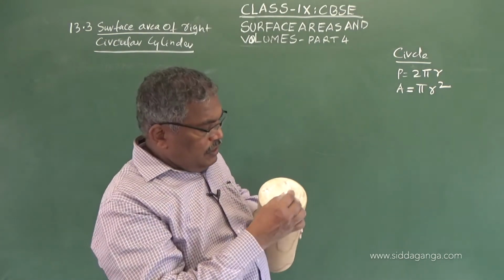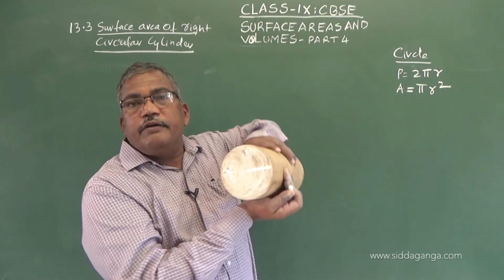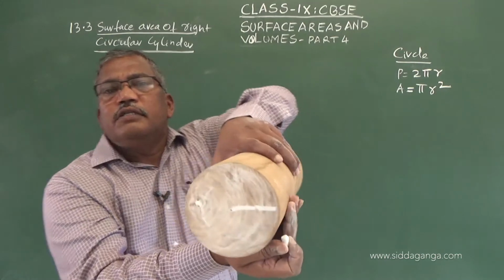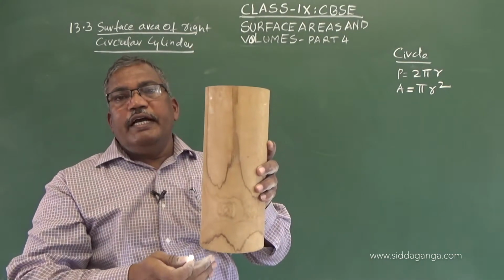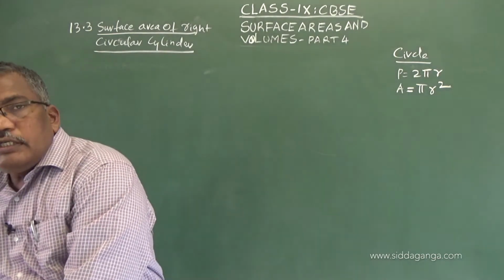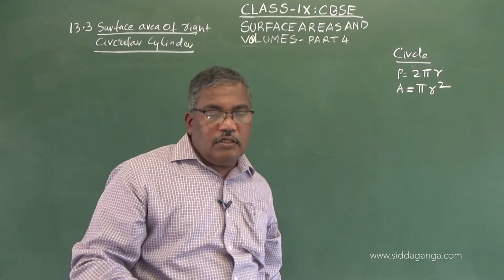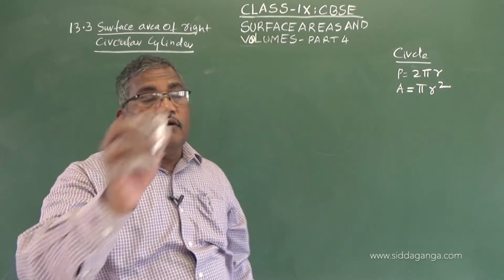One is the radius of this circle, from here center to the end, radius of the circle, and this total height. This is known as the height of the right circular cylinder.